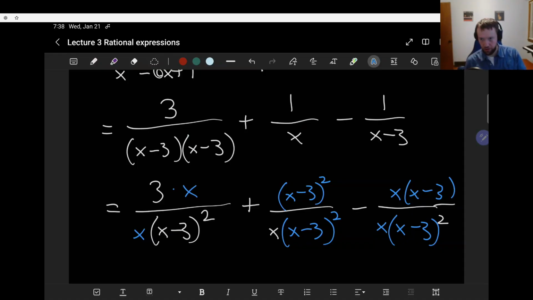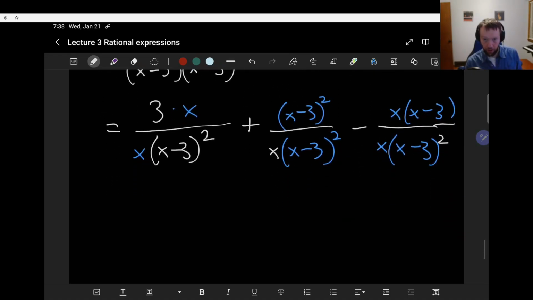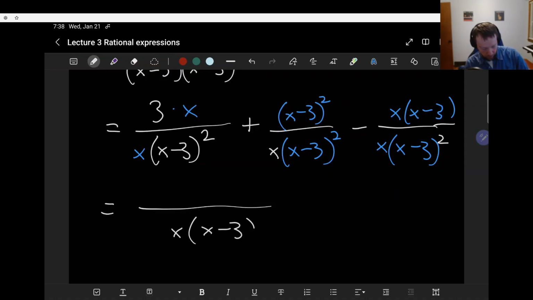But I left the 2 unhighlighted because there was another one that was already there. Okay, so now we have a common denominator.